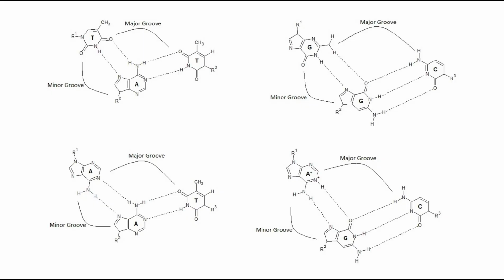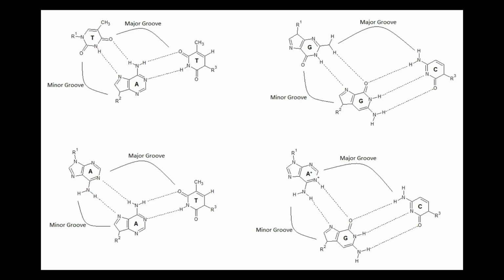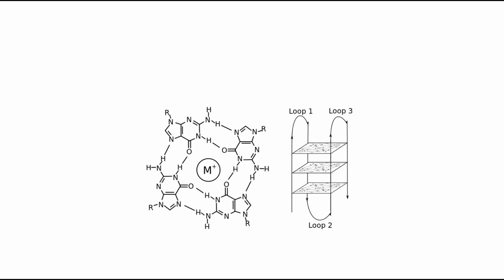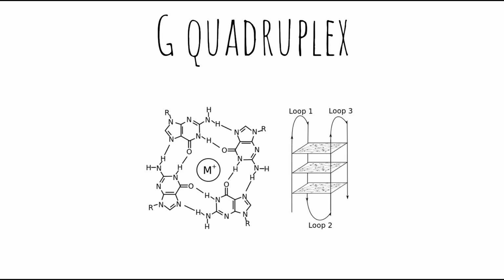So where does Hoogsteen pairing occur? In triplex DNA, also known as H-DNA, where a third strand binds to the duplex DNA using Hoogsteen interaction, important in gene regulation and chromatin remodeling. Then G-quadruplexes, where four guanines form a square planar structure using Hoogsteen hydrogen bonds. They are found in telomeres, oncogenes, and regulatory DNA.